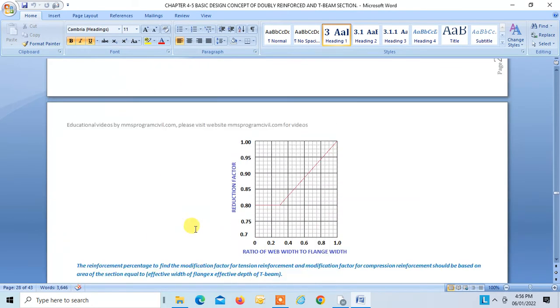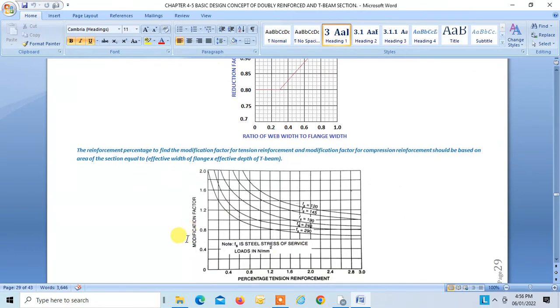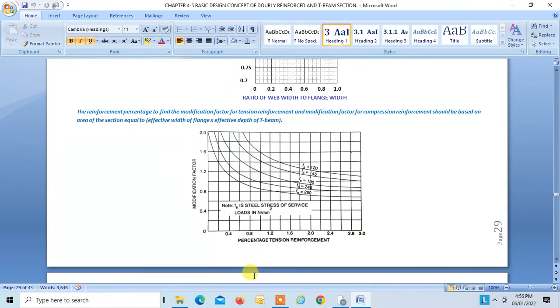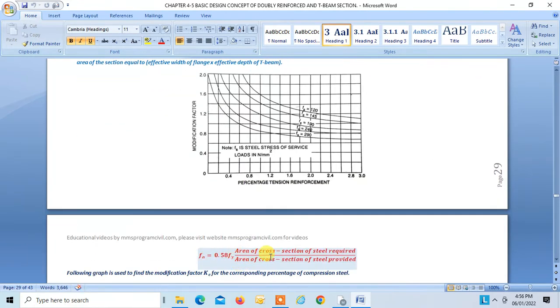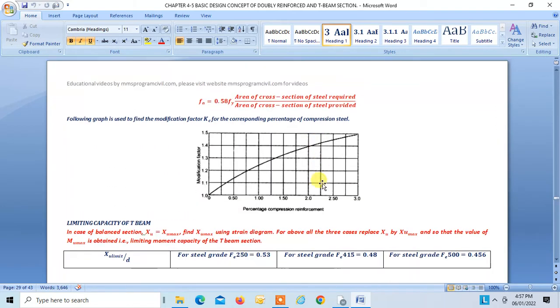Other things are the same. First find the stress in steel, then for the corresponding PT you find KT, that is the modification factor corresponding to the percentage of tension reinforcement. Similarly, you can find KC, the modification factor corresponding to the percentage of compression steel.